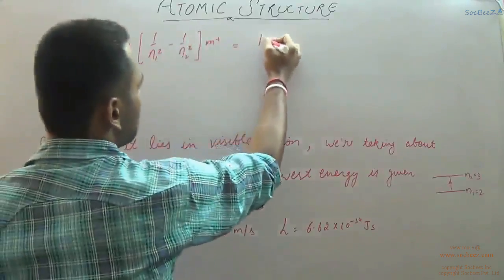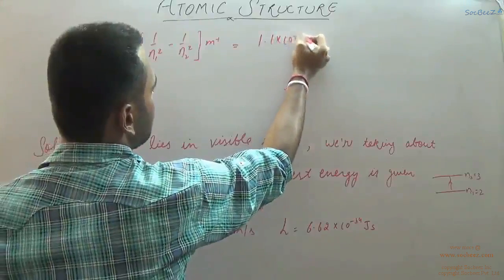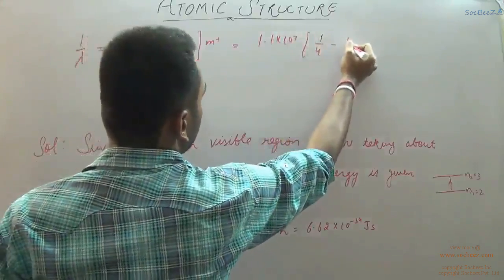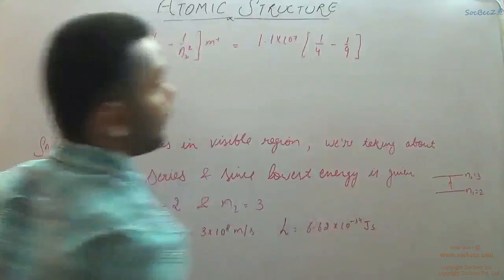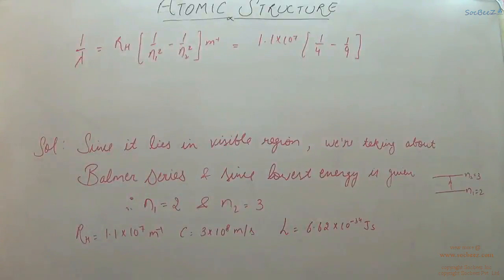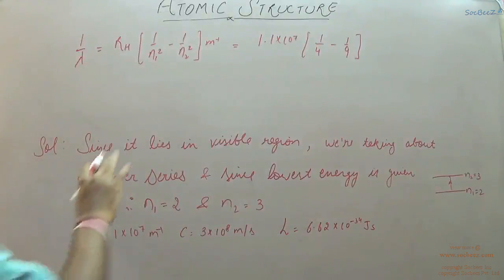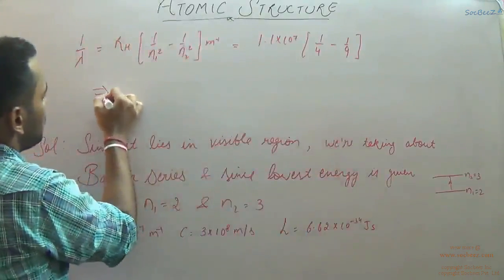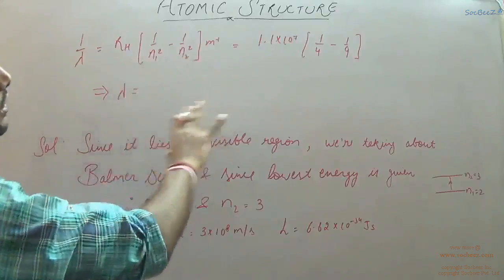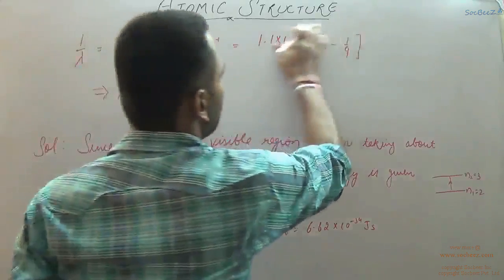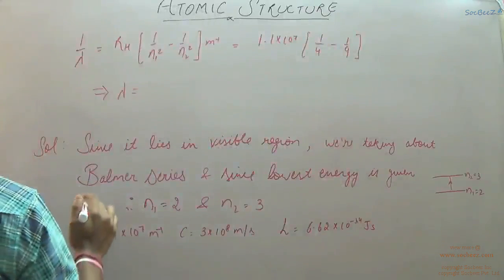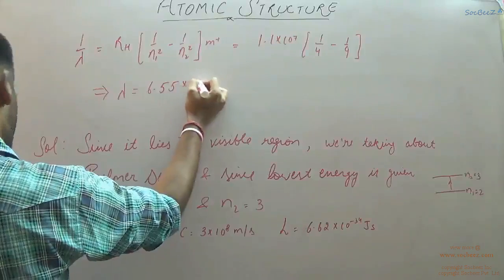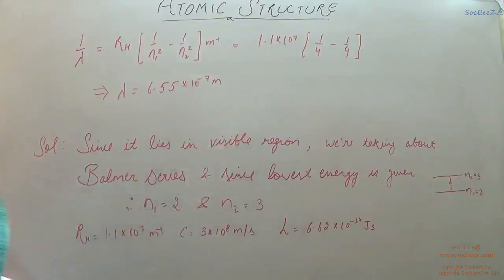Substituting the values, this becomes 1.1 into 10 raised to the power 7 into (1 upon 4 minus 1 upon 9). After solving this equation, the value of lambda comes out to be 6.55 into 10 raised to the power minus 7 meter.